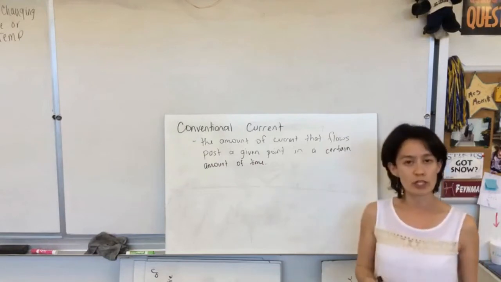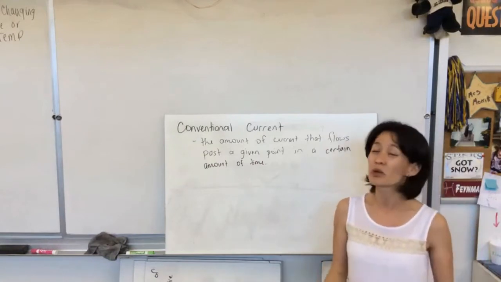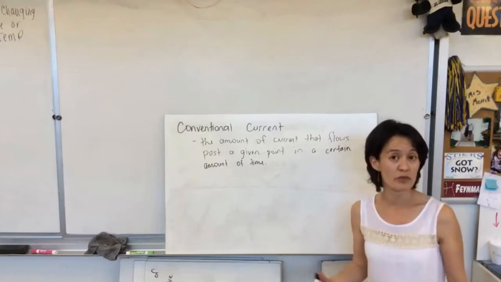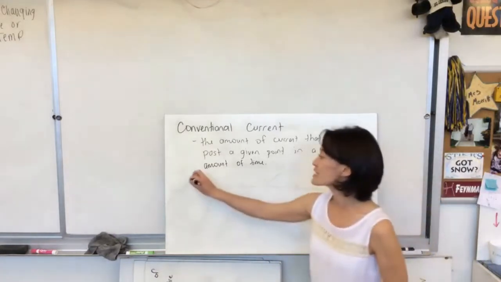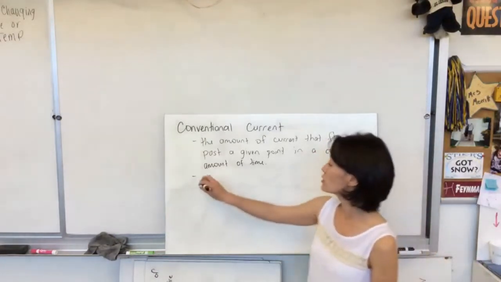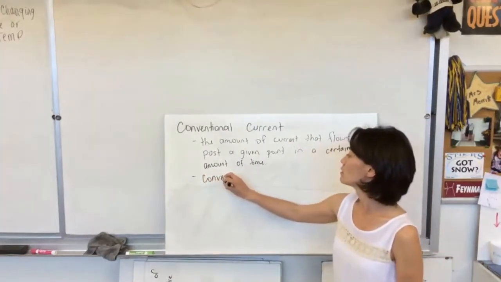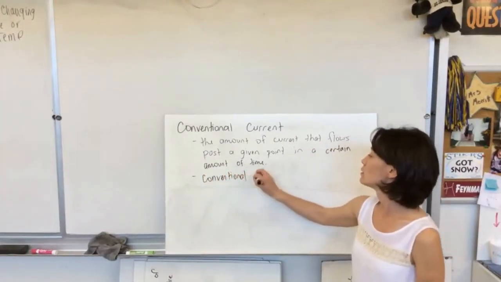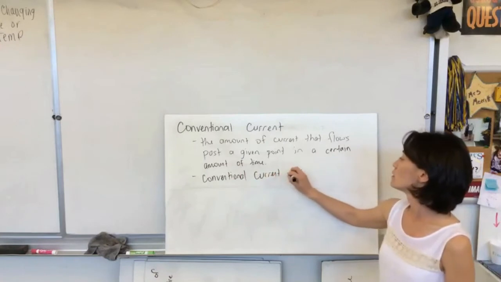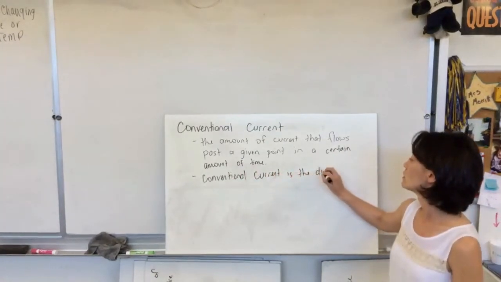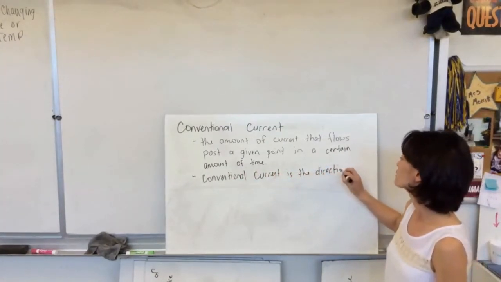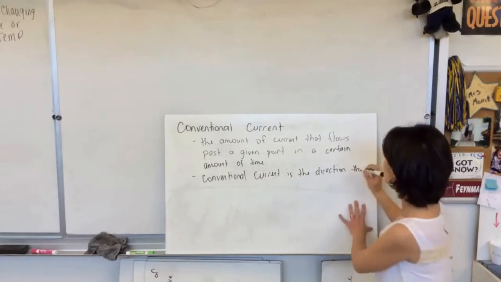And I talked about this earlier with the fact that technically it's the electrons that are moving, but remember when they first defined it, they didn't really know which ones moved, and so they just assigned it was the positive ones that moved. So conventional current is the direction that positive charges would flow. And we just kind of have to go with that definition.